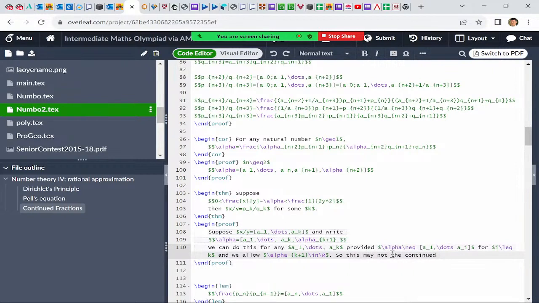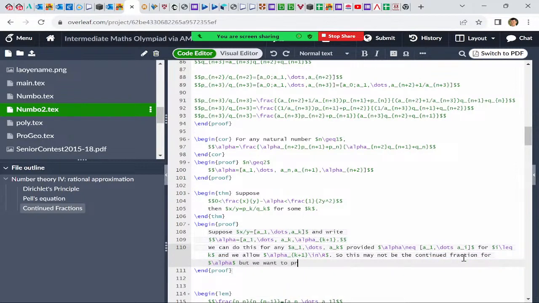So this may not be the continued fraction. We want to prove that it is.